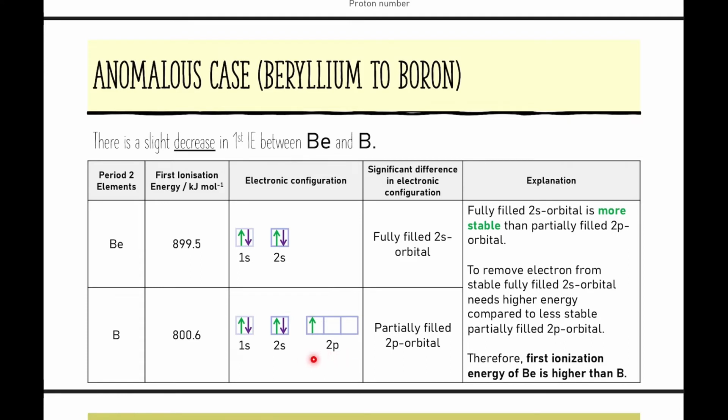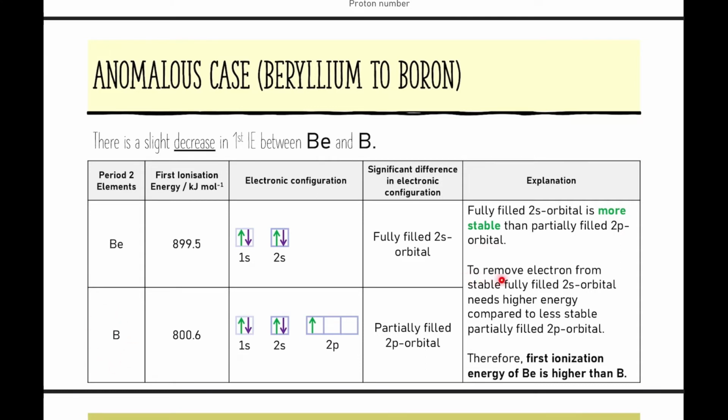Boron has a partially filled 2p orbital. Only one electron is filled in the 2p orbital, in comparison to the maximum number of 6 electrons which can be filled into the 2p orbital. A fully filled 2s orbital is more stable than the partially filled 2p orbital in boron.